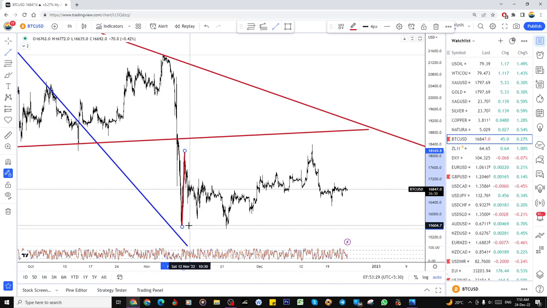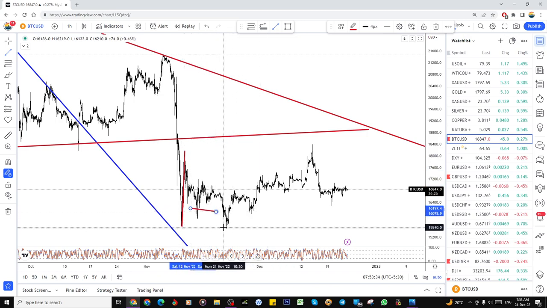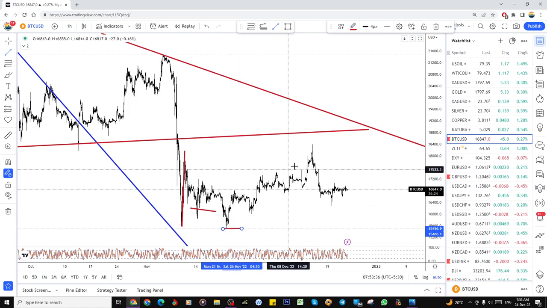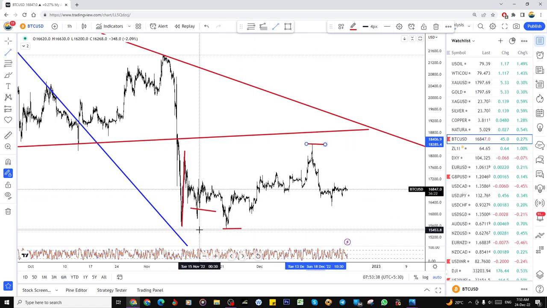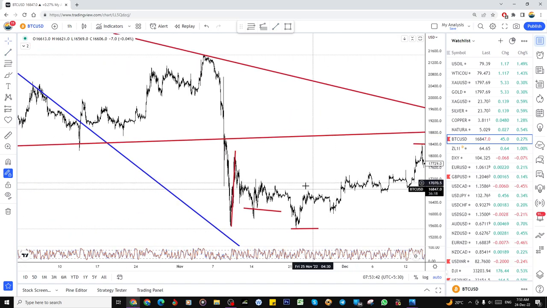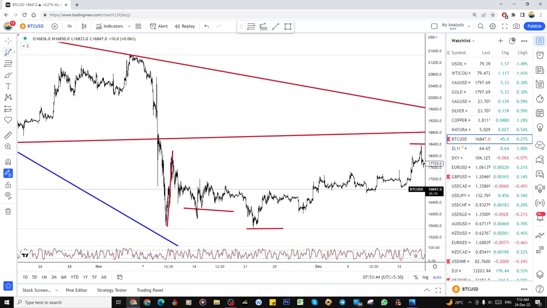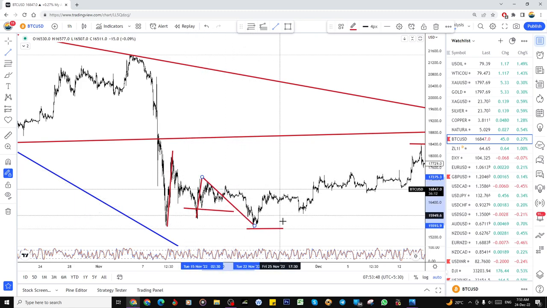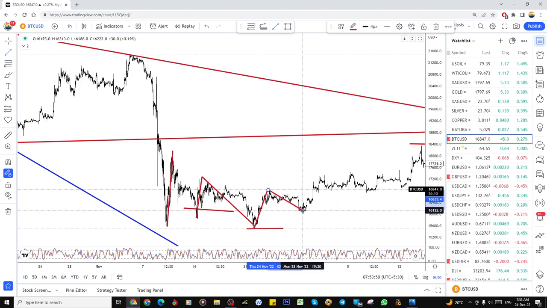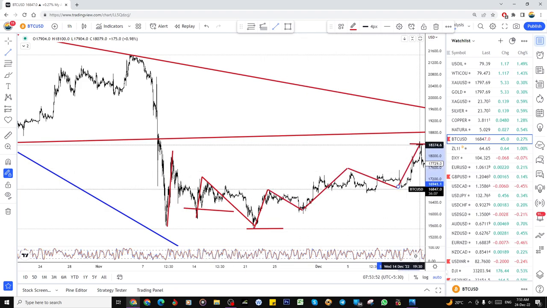I placed the stop loss here and I entered here and it took the stop loss and reached the target. So once again, this is a 5-wave structure, and one more, 1 2 3 4 and 5.